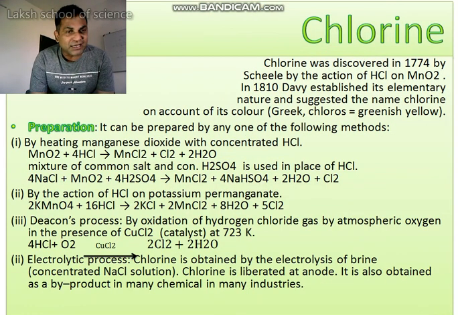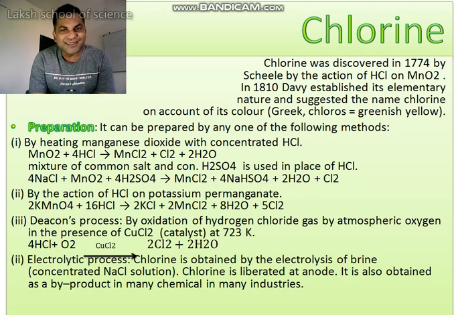the preparation of chlorine can be done very nicely. Chlorine was first discovered in 1774 by Scheele, by the action of HCl on MnO2. In 1810, Humphry Davy established its elementary nature and suggested that chlorine is a gas.